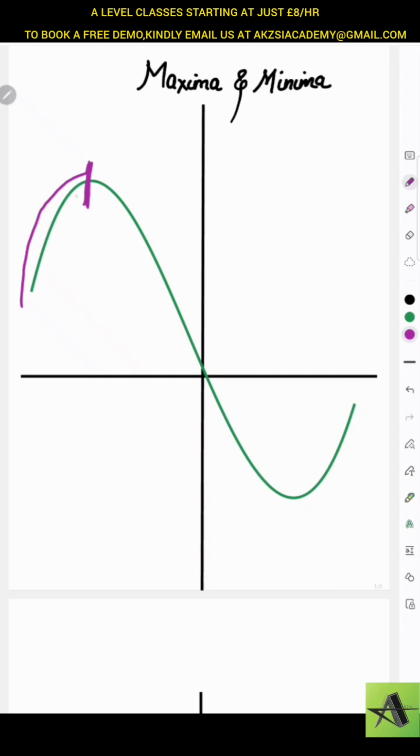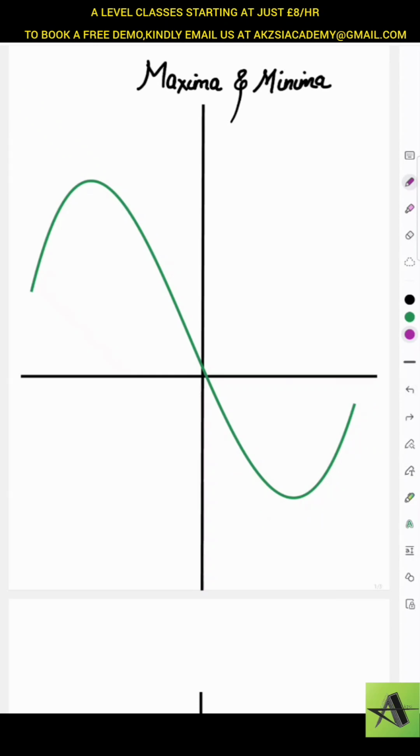So this is called a stationary point, and then after it takes a turn, and that's why this is called a turning point as well, and the curve starts to decrease. The same I can say is happening here. The curve is decreasing and reaches a turning point where it will change its behavior and start to increase. So this is a stationary point.